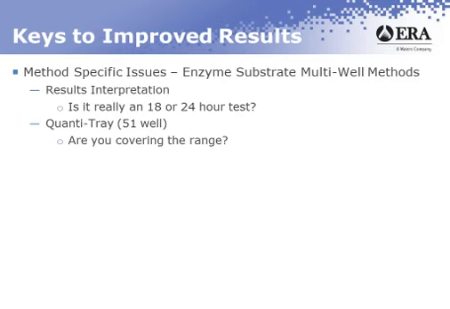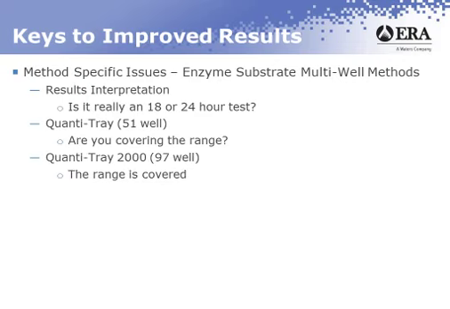It has an upper capacity. The 97 well actually has a capacity that'll cover the entire range. That doesn't necessarily prevent you from using the different formats. You just need to be aware that you're not completely covering the range if you run the sample at 100%.